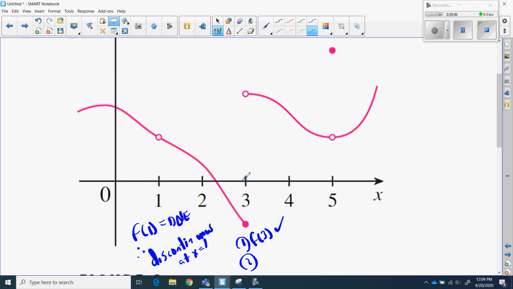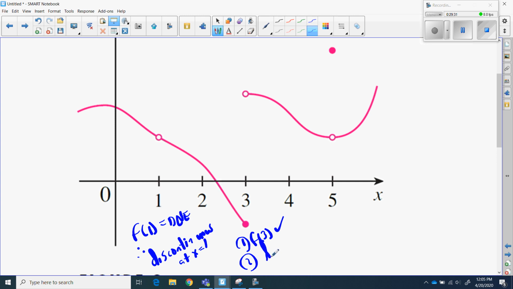If I was getting close to 3 from the left side, I'd be hitting the graph down here somewhere, close to that number on the y scale. If I jump to just ever so slightly to the right of 3, now I hit the graph up here. So you can see that from the right side, you're hitting the y scale up there. From the left side, you're hitting the graph on the y scale down here. Well, the problem is they're different.